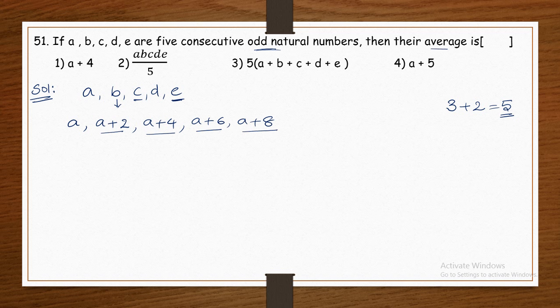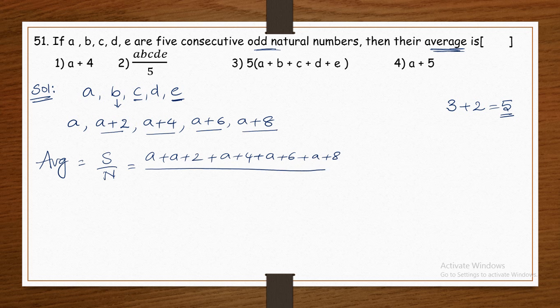Now what did he ask? He asked you to find out the average. So average is given by sum of observations by number of observations. So what is sum of observations? A plus A plus 2 plus A plus 4 plus A plus 6 plus A plus 8 divided by 5. Now how many A's are there? We are having 5 A's plus adding the values.